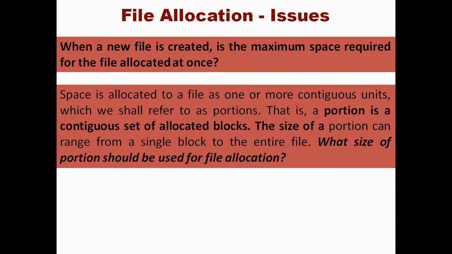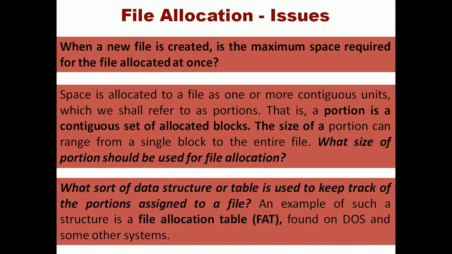So what do we mean by portion? A portion is a contiguous set of allocated blocks. The size of a portion can range from a single block to the entire file. So the major issue with respect to the portion is what size of portion should be used for the file allocation.